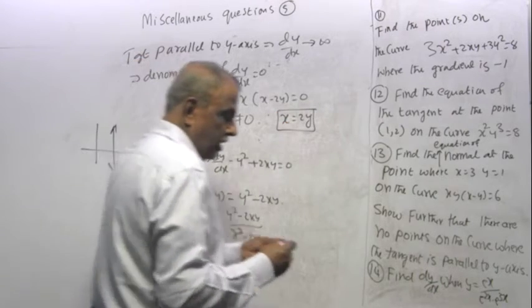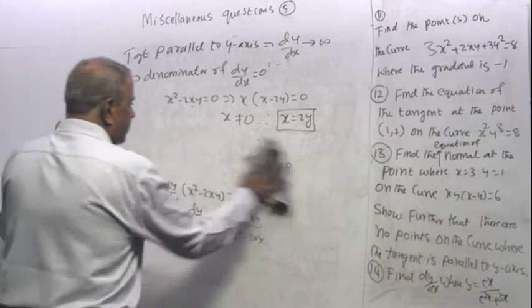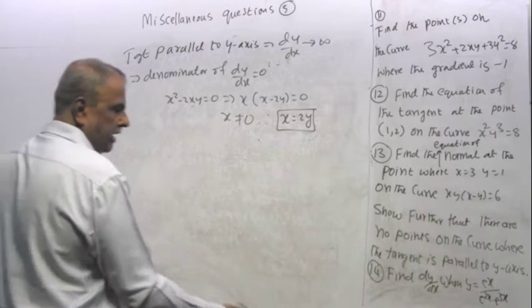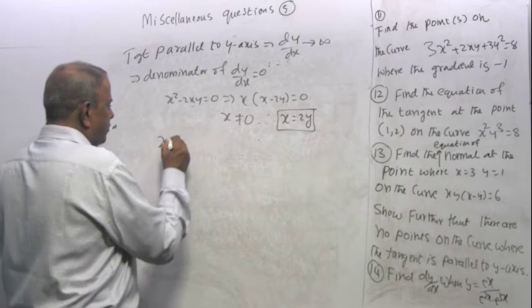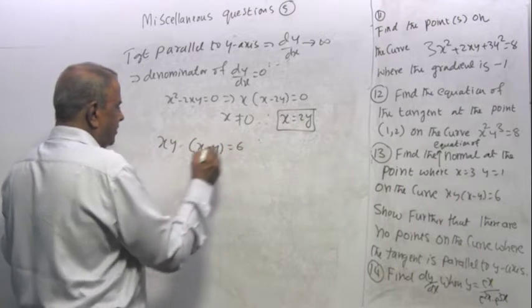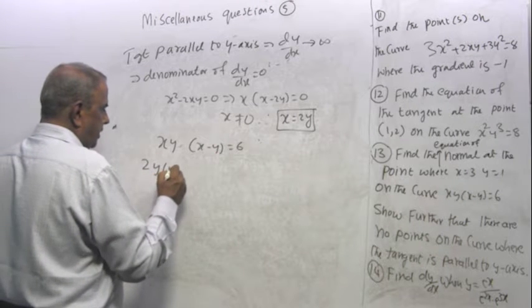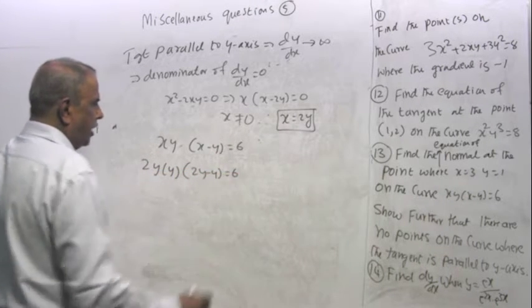I must show this equation x equal to 2y does not satisfy the given equation, because if there is no point, it should not satisfy. So what's the equation? xy times x minus y equals 6. So 2y times y times 2y minus y equals 6.